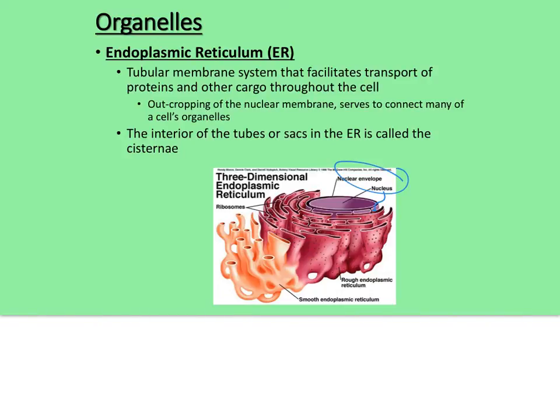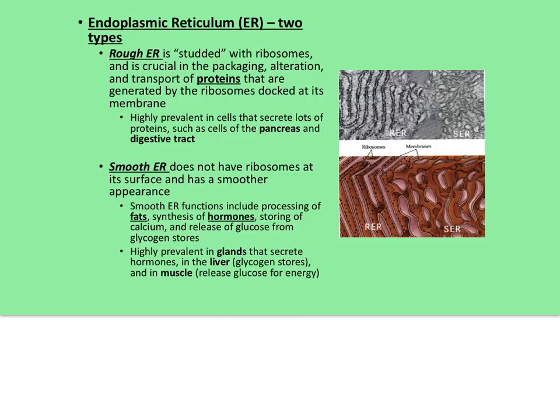The inside of these sacs we call cisternae, and it is through these cisternae that the cell will package and prepare and further lead to the full development of proteins and other products that the cell generates.